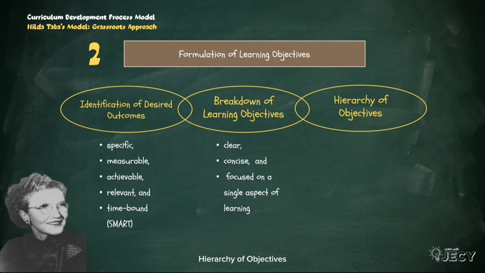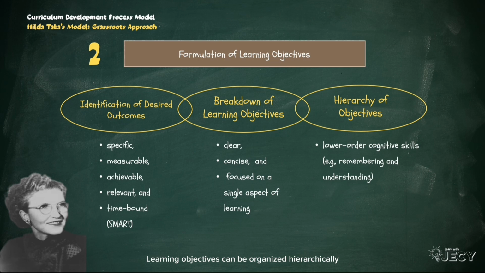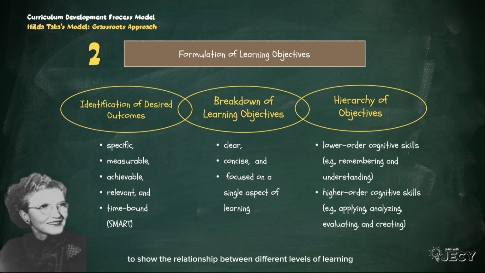Hierarchy of objectives. Learning objectives can be organized hierarchically to show the relationship between different levels of learning. This hierarchy typically ranges from lower order cognitive skills, like remembering and understanding, to higher order cognitive skills like applying, analyzing, evaluating, and creating, following Bloom's taxonomy, which we'll also discuss more broadly later on, or similar frameworks.